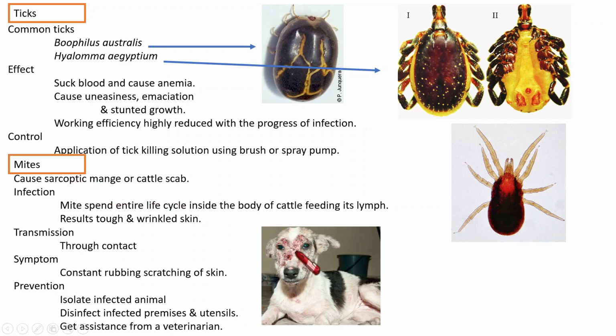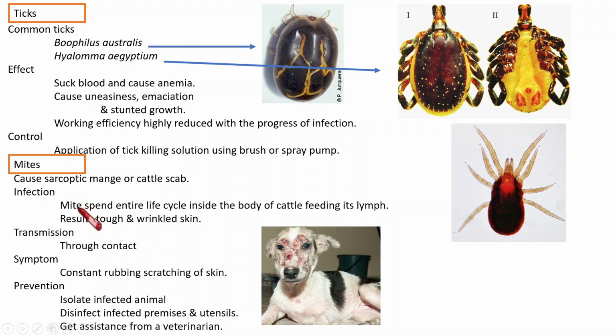We can see that image. It's very disgusting to see. It happens because, as a result of the infection, the animal continually scratches its skin, so that's why the skin becomes like this. What is the nature of the infection?